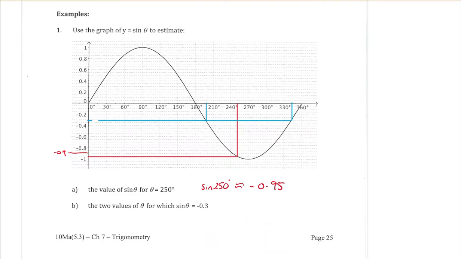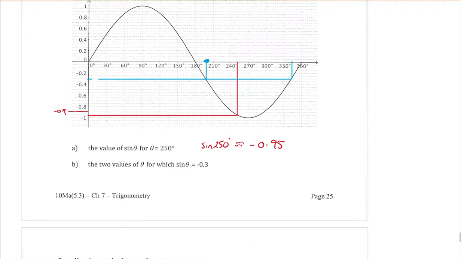I don't think we could reasonably estimate to any further than maybe the nearest 5 or maybe even nearest 10 degrees. Our scale is not very good. These are estimates. So for this first intercept here, it's pretty close to the middle between that 180 and 210 line.